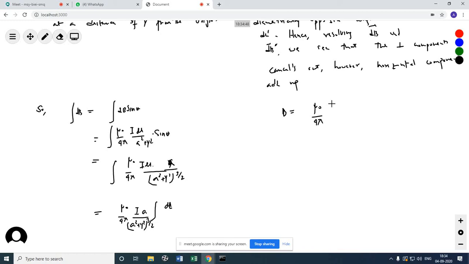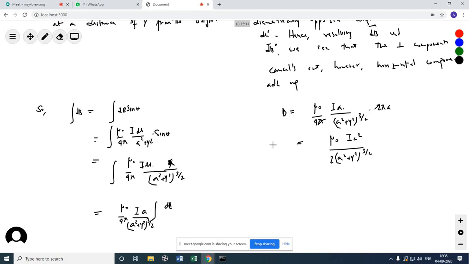So this one will give me mu naught by 4 pi I dl, base is y by the square root of a square plus y square.